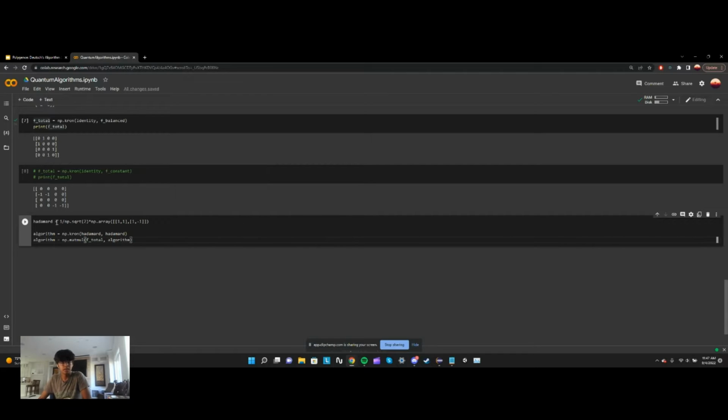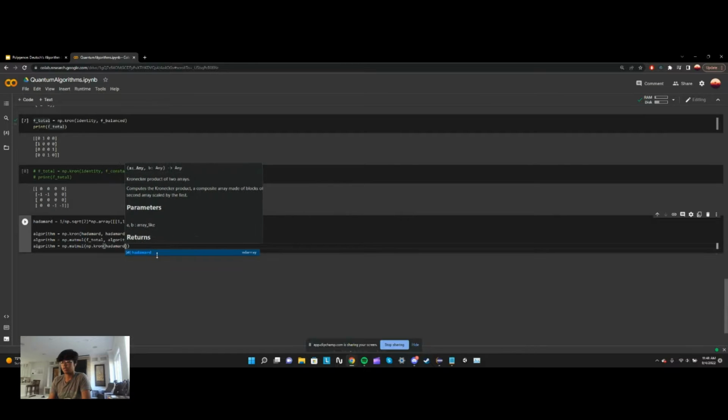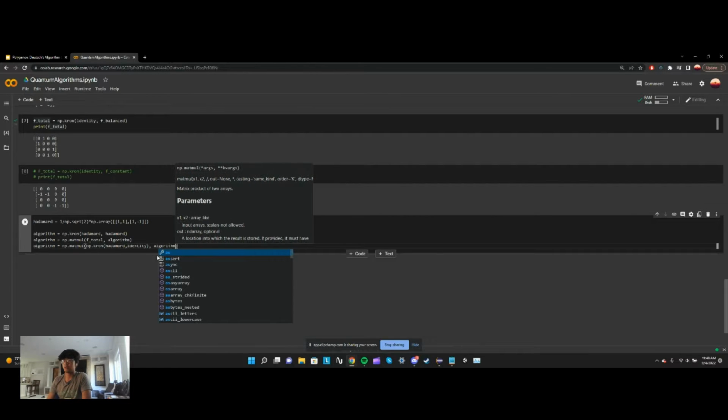And then once we have that done, we're going to define algorithm again. And again, we could do np.matmul and get the Kronecker product of, we'd use our Hadamard and the algorithm.